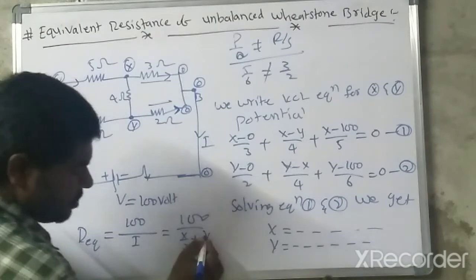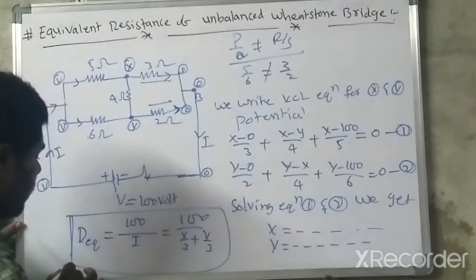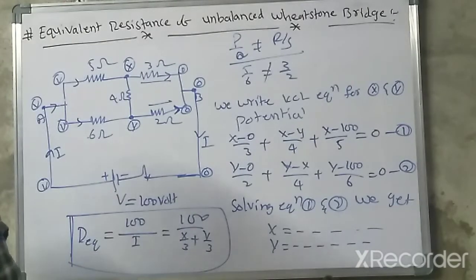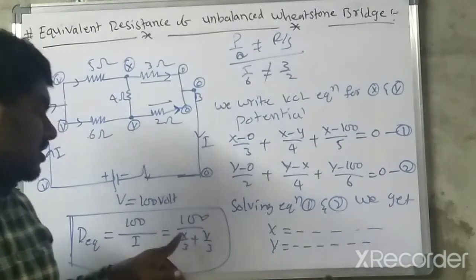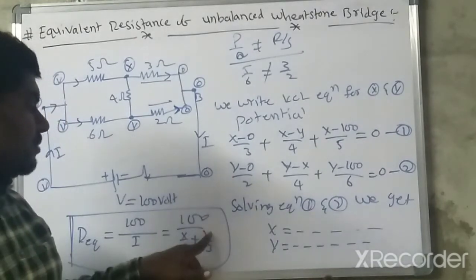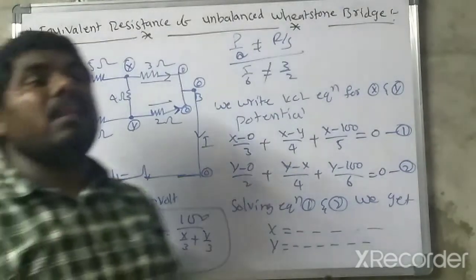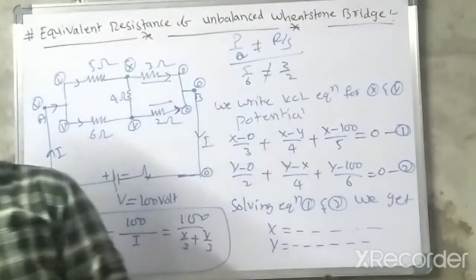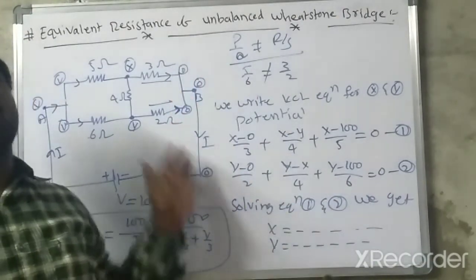Substitute the X and Y values here and we get the R equivalent value. Please solve equations 1 and 2 to get the X value and Y value. Substituting these gives the R equivalent resistance of the unbalanced Wheatstone bridge. Whenever they ask this type of question, you may do it like this.